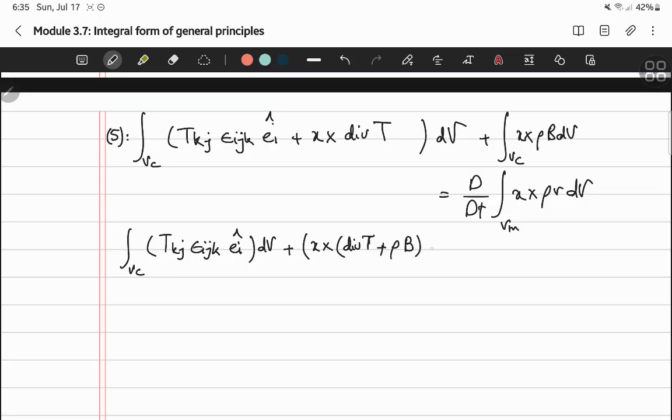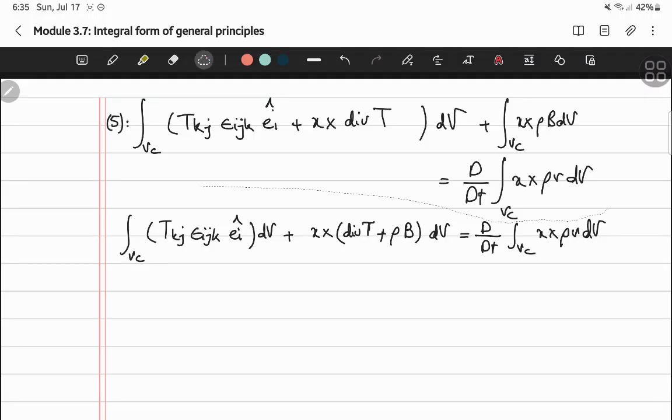Yes, then dV is equal to d/dt, and here we have VC, of course. So this is equal to the integral over VC of x cross rho v dV.